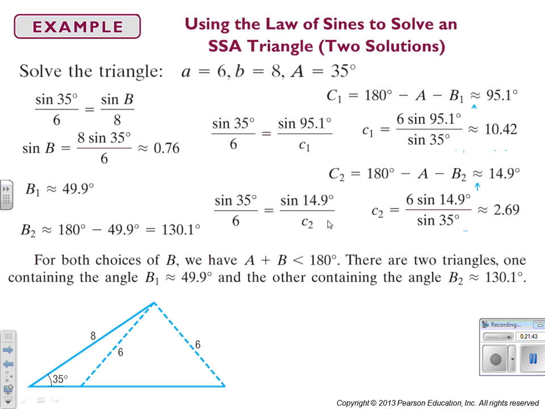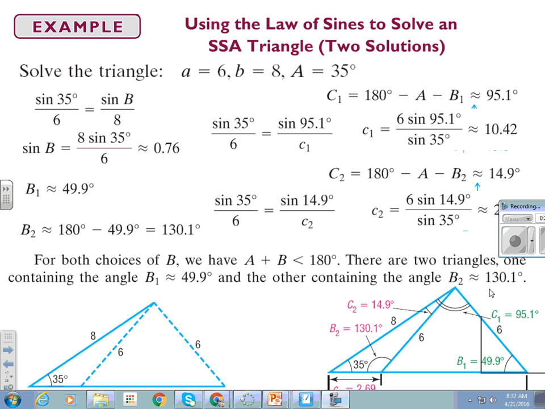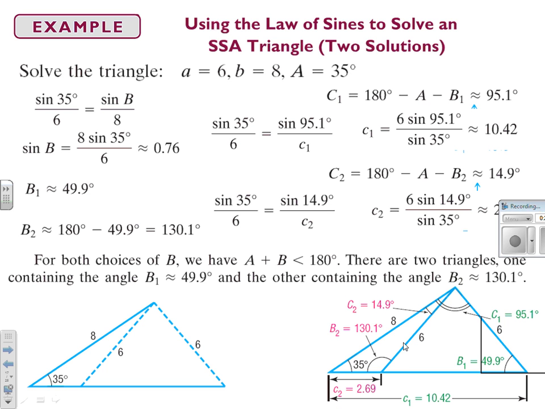That's the short one. So we put all those on our triangles. We see the smaller triangle is this guy with the smaller angle C, and the bigger triangle is obviously the one with the obtuse angle C.